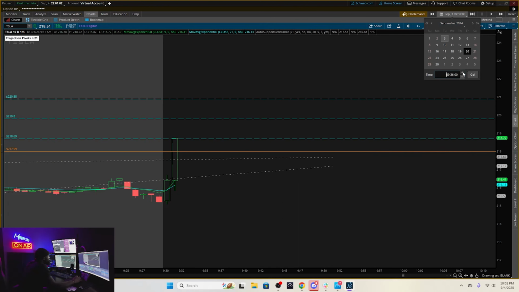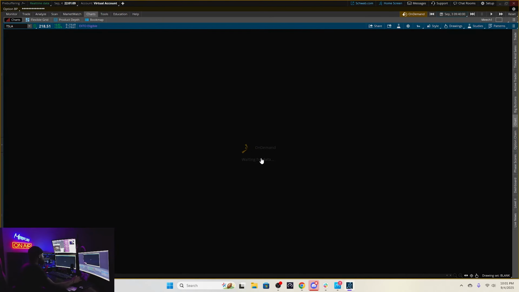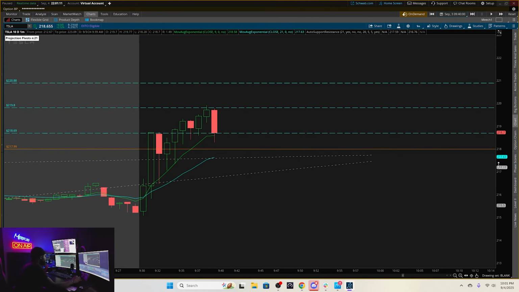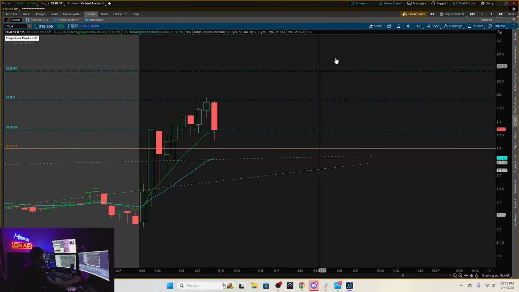Now let's go to 9:40. Boom. First target hit. We come back down. Quick bounce and hold above. Let's see if we can break this high.